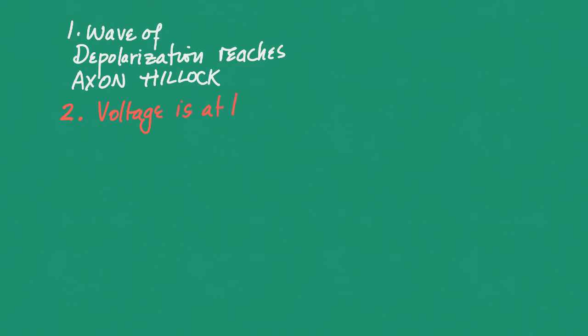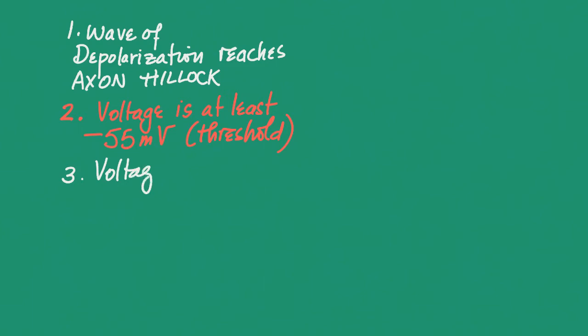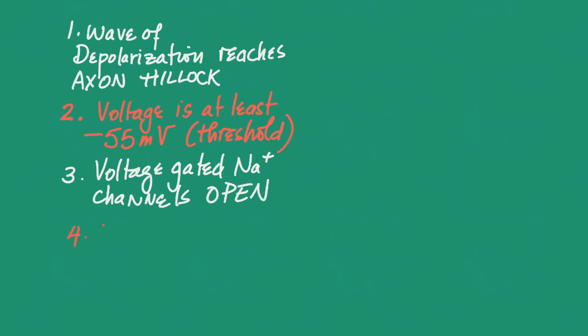If the voltage is at least minus 55 millivolts, which we call the threshold voltage, then the action potential will be triggered. This is because anything above minus 55 millivolts will be sensed by voltage gated sodium channels, which will open. When these channels open, sodium that has been accumulating outside the axon will rush in.